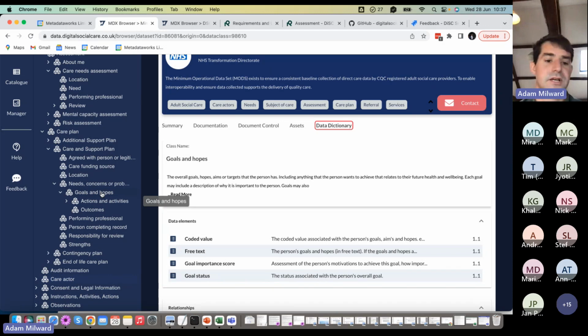So we'd like a bit of feedback, and we'll probably be asking our assured suppliers how they're implementing this, to get a better sense of whether this needs to be a strict hierarchical relationship between all of these different things, or whether these are related concepts. So a need is related to a goal and a hope, and is related to an action or activity, and there are outcomes off the back of that.